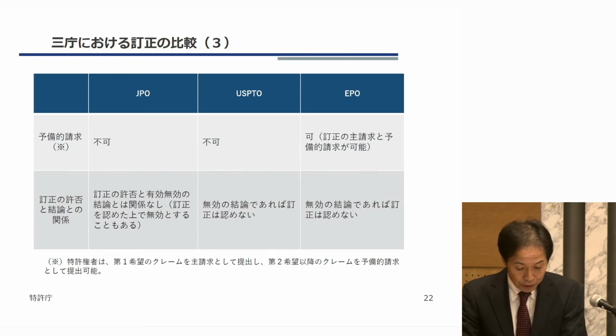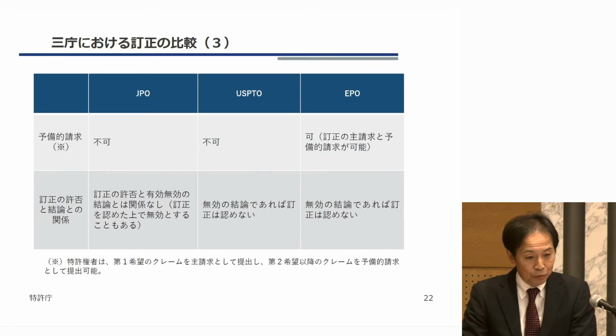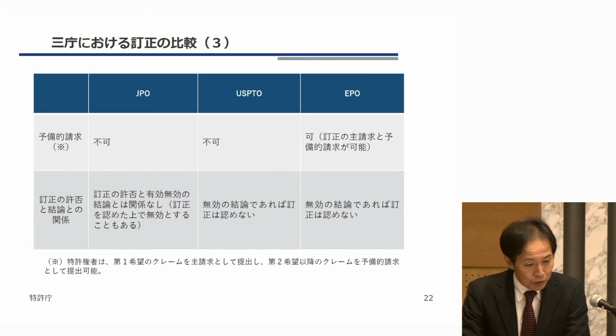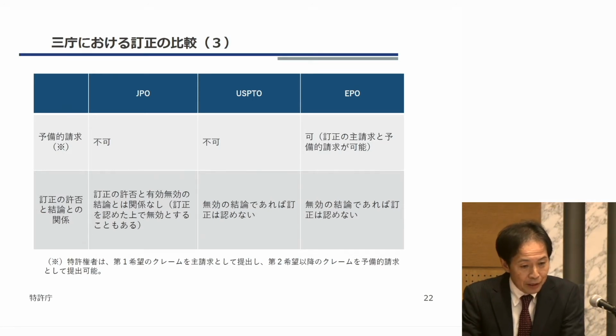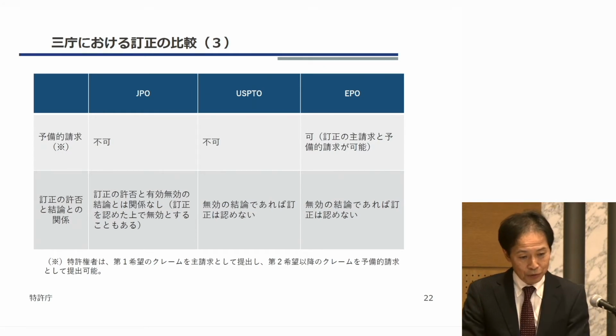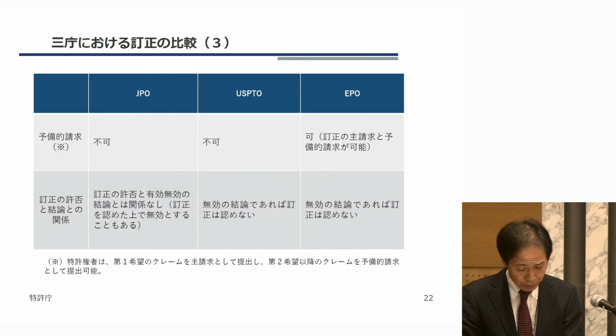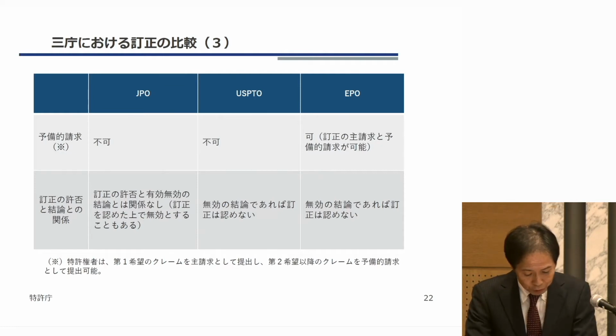It shows that in Europe you can issue an auxiliary correction, but not in Japan or America. Then finally, the relationship between the acceptance of the correction and the final acceptance or rejection of the patent. In Japan, there's no relationship between the correction and the final judgment.